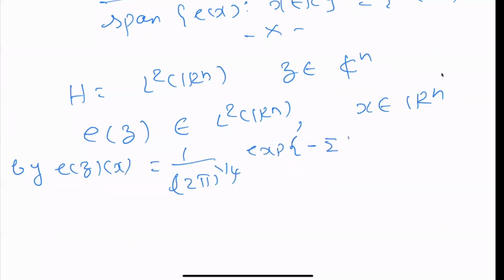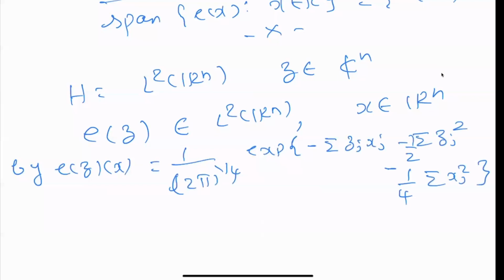Then you have to take the inner product. Z is an n-tuple, right? Z is in Cn, Z1, Z2, Zn. So, summation Zj xj minus summation Zj square minus, here there is a half, and here there is 1 by 4 summation xj square. Okay, I think I have written it correctly.